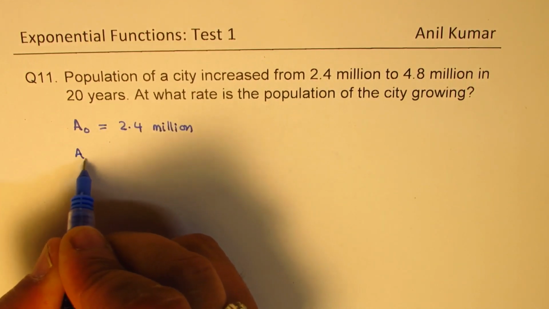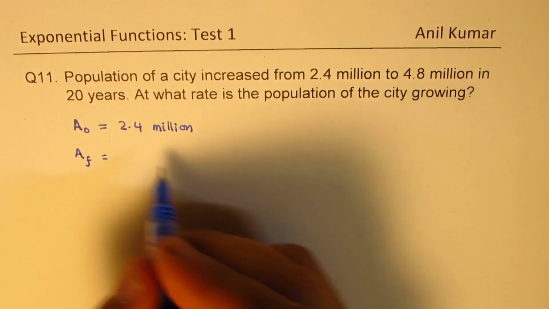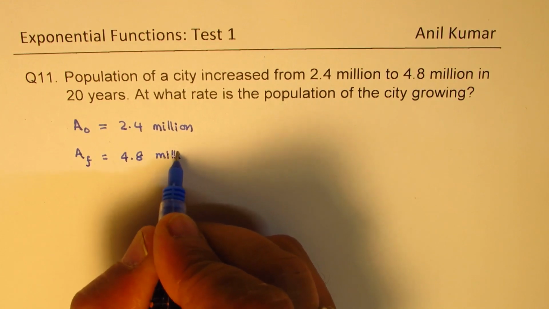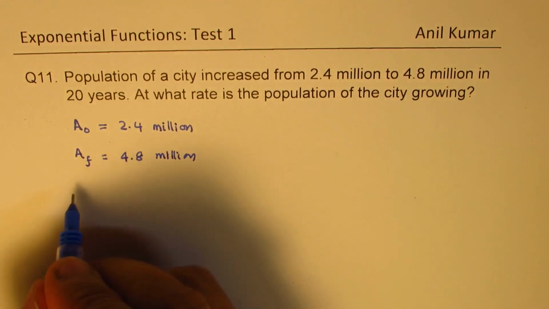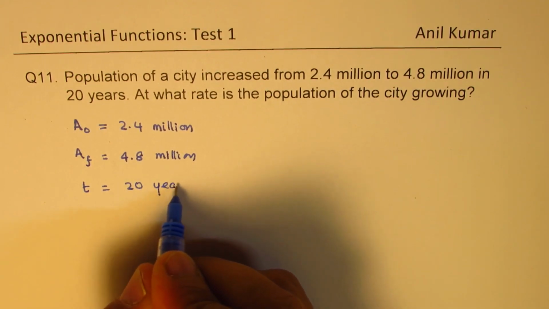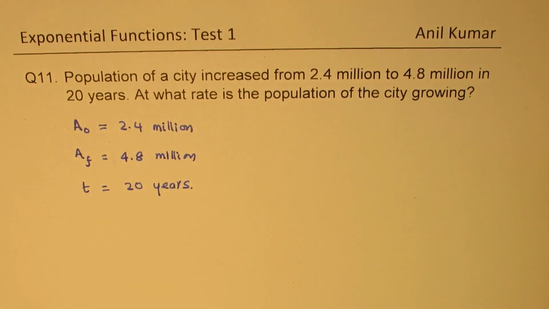Now the final population we are looking at is 4.8 million, right? Kind of double, right? And the time taken to double was 20 years. So we need to find at what rate the population of the city is growing.